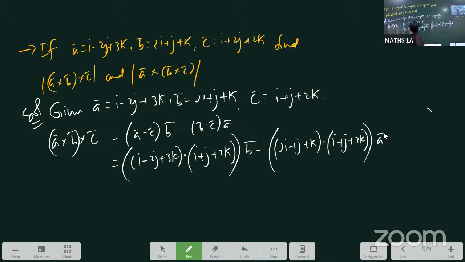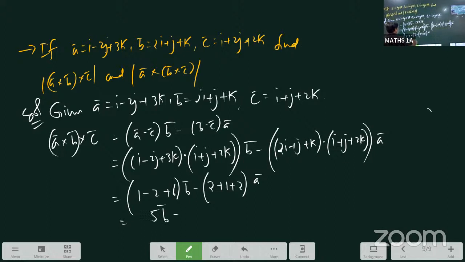First, let us do the dot product of this. Dot product: 1 minus 2 plus 6 into b bar, minus, 2 into 1 is 2, plus 1, plus 2... So what I am going to get, that is 6 plus 1, 7 minus 2. 5 b bar minus 5 a bar.